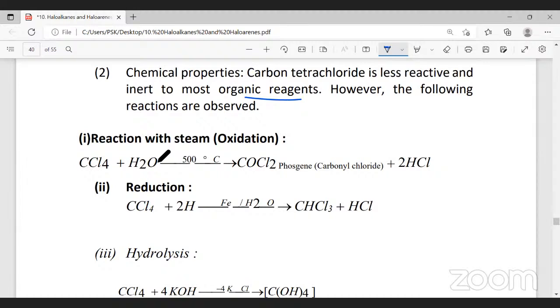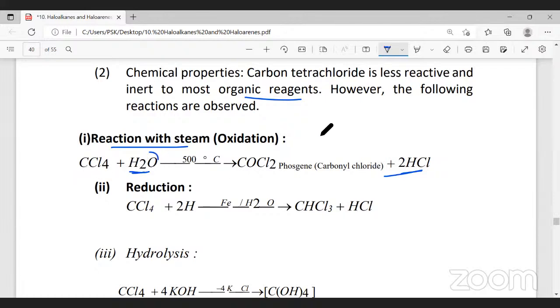The first one is the reaction with steam. Carbon tetrachloride is reacted with steam at 500 degrees Celsius. Now, 2 chlorine and 2 hydrogen get eliminated as 2HCl, and in place of the 2 chlorine, oxygen goes.